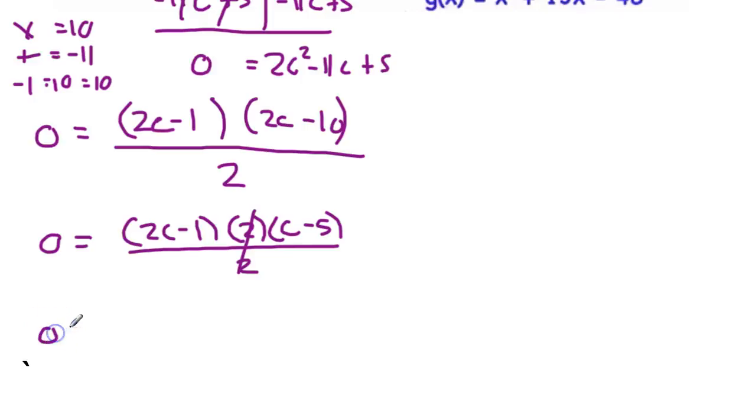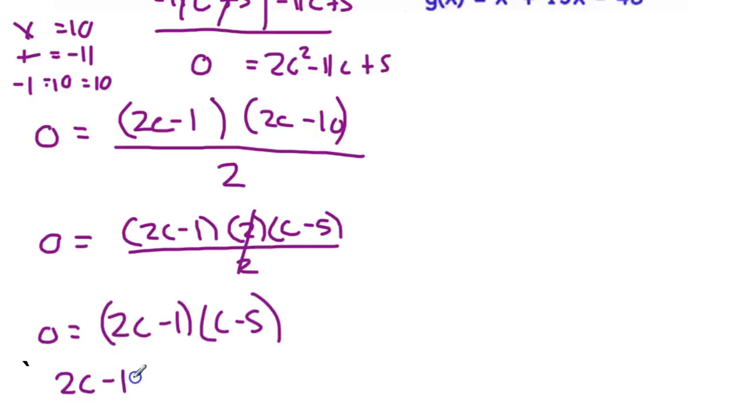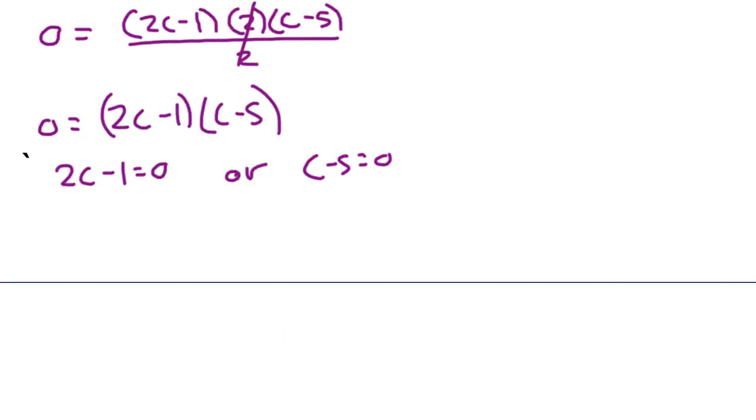And I'm left with 0 equals 2c minus 1 times c minus 5. The zero product property tells me to make each of these equal to 0, 2c minus 1 equals 0, or the c minus 5 equals 0, and then I solve them. Plus 5 plus 5, that cancels.